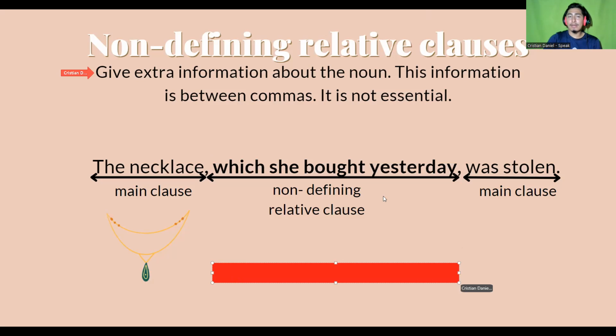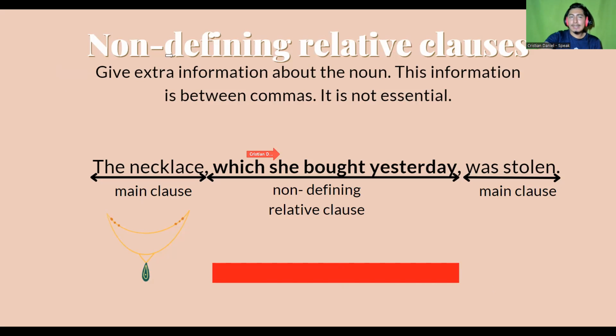Maybe that's some information that you didn't know. However, it's not that important, okay? In this case, the focus, or the attention, is that it was stolen. That she bought it yesterday is not that important, okay?